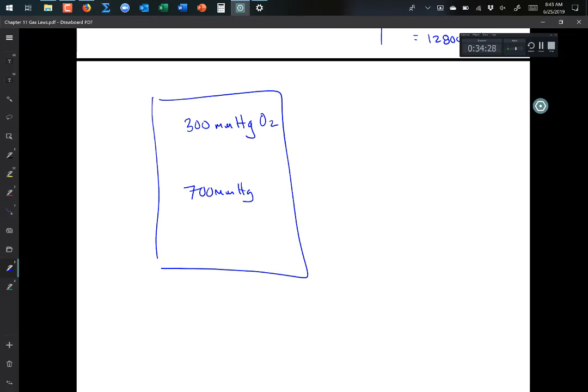Nitrogen. Nice. That's a good one. What's my total pressure? 1,000. Just adds. It's really nice. It's 1,000 millimeters of mercury. Just add them together.